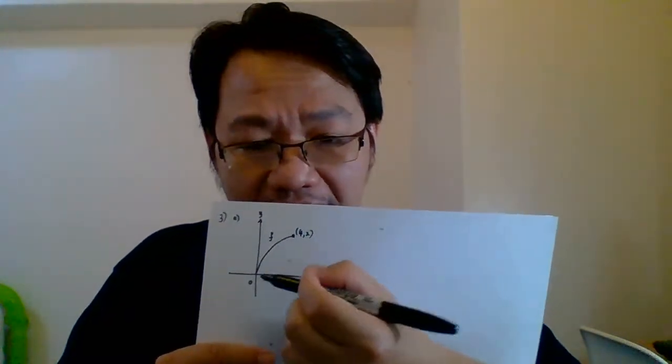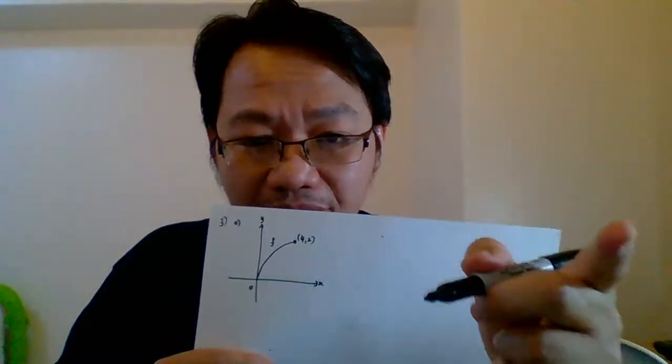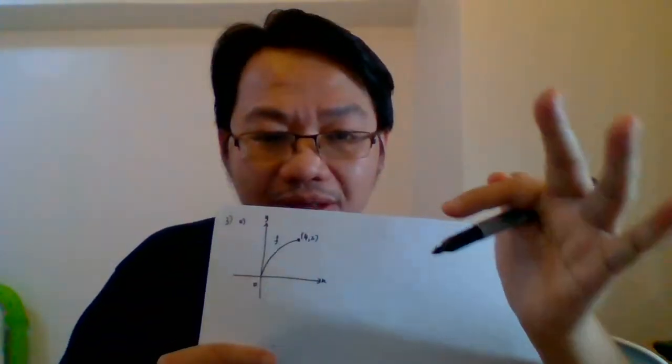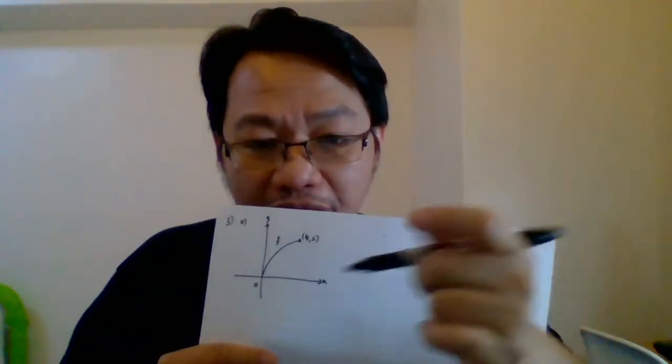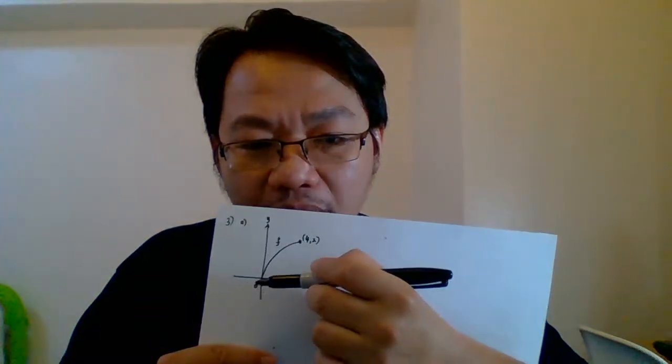To draw this f inverse, if you still remember, I told you the third way to find the inverse function graph: we need to draw the line y equals x. So we just draw the line y equals x here.